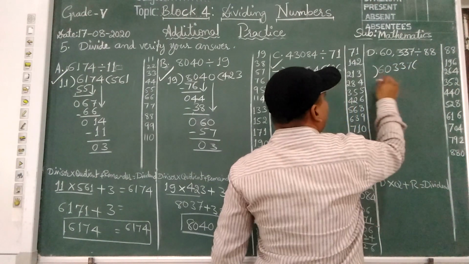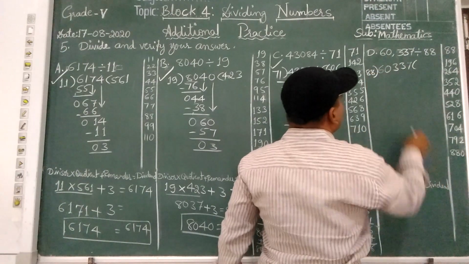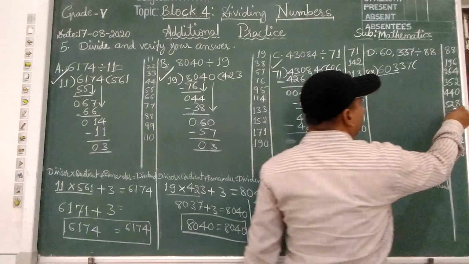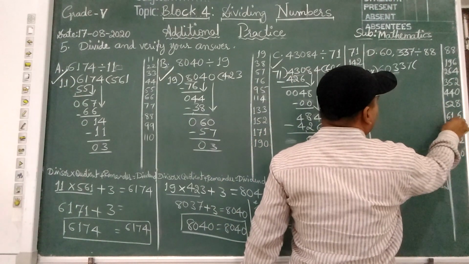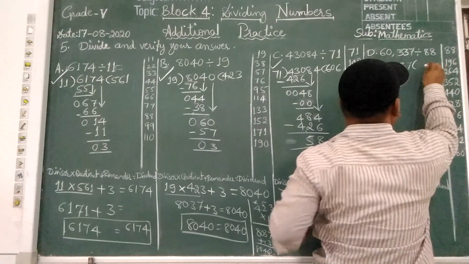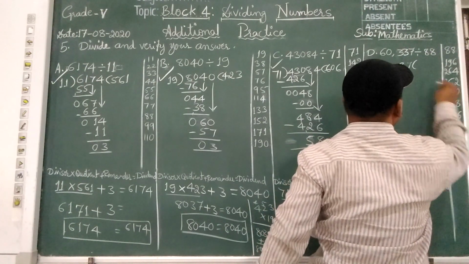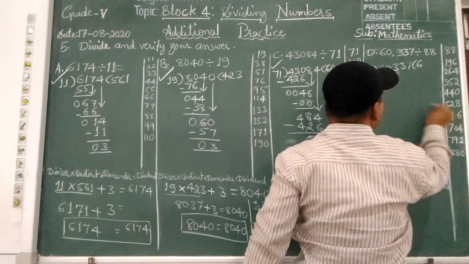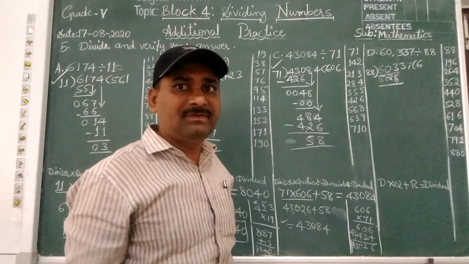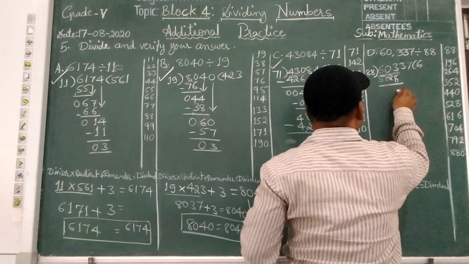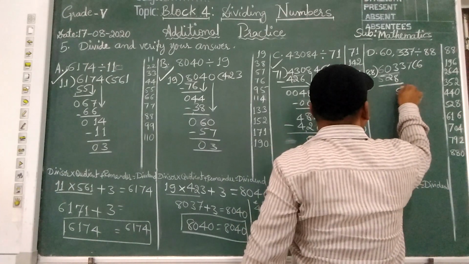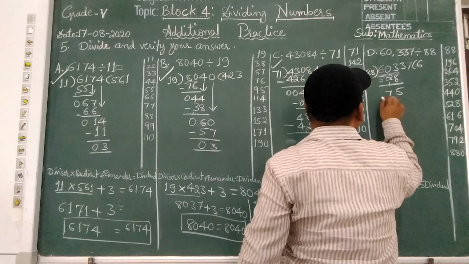60,338 divided by 88. So I should take 603, the full three digits, 603. Where will it be? Here. That is 1, 2, 3, 4, 5, 6, 7. 6. That is 528. So 13 minus 8 is 5, 7.